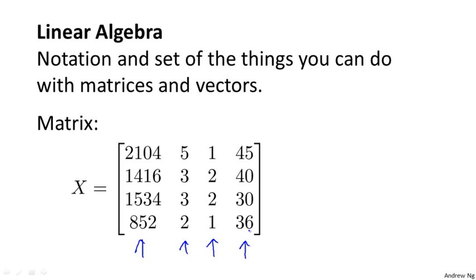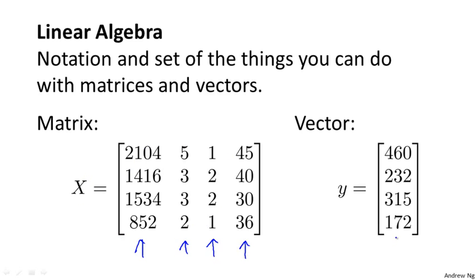A matrix is this block of numbers that lets me take all of my x's, all of my features, and organize them efficiently into one big block of numbers. And here is what we call a vector in linear algebra, where the 4 numbers here are the prices of the 4 houses that we saw on the previous slide.